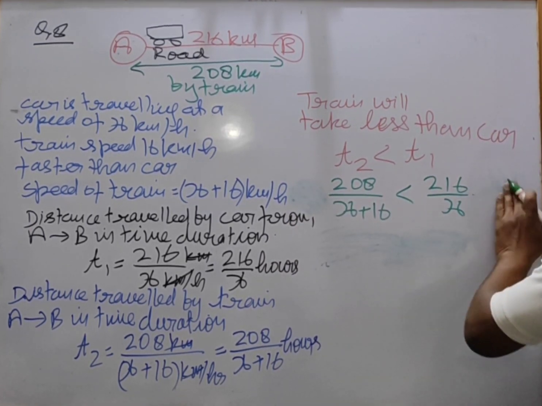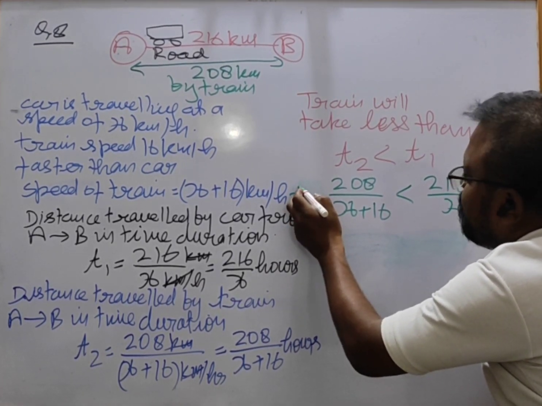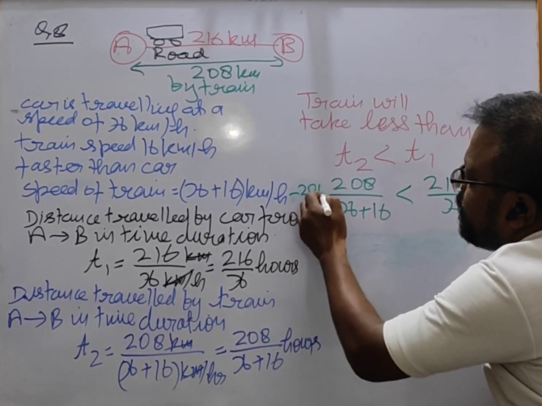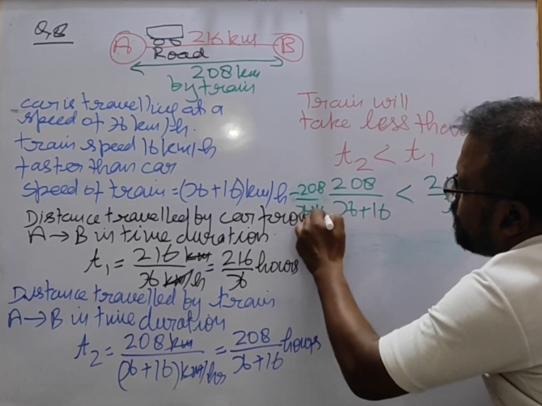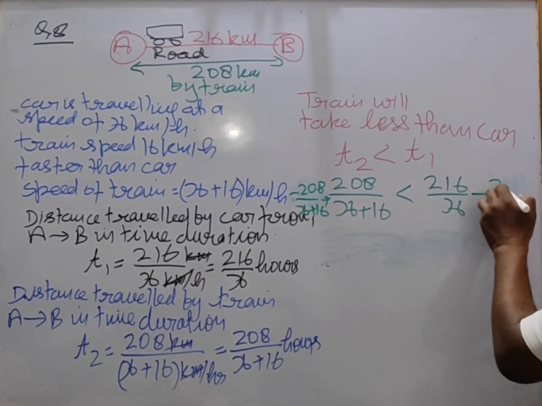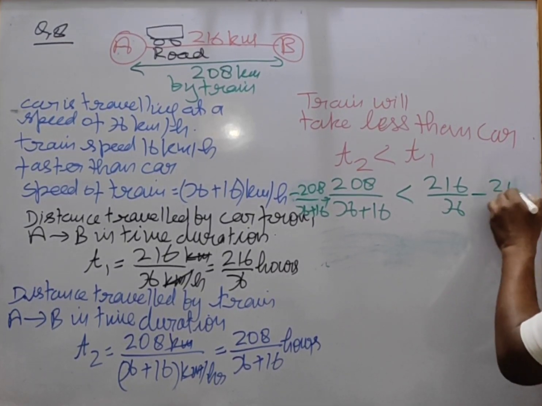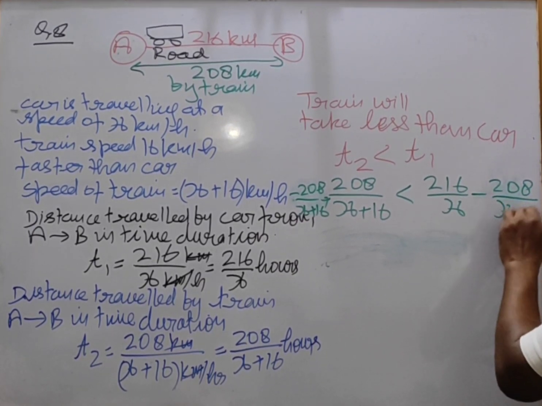You do minus here, minus here, 208 upon x plus 16, right?